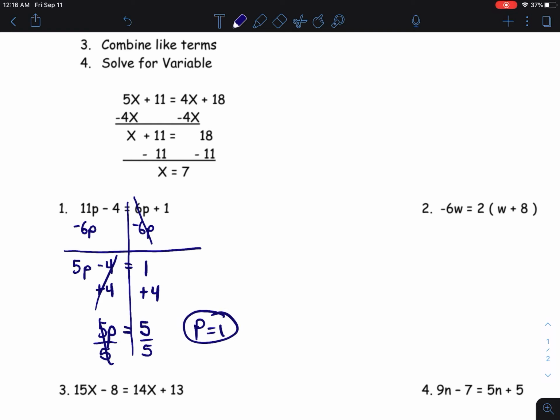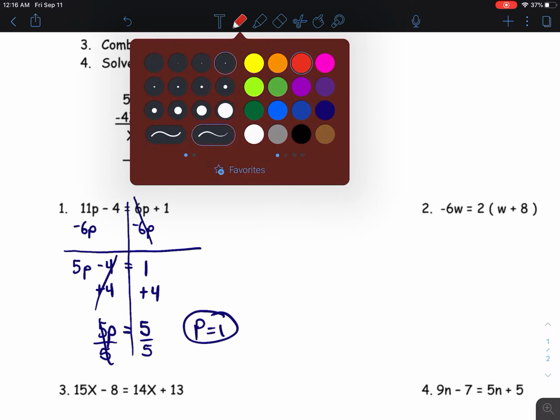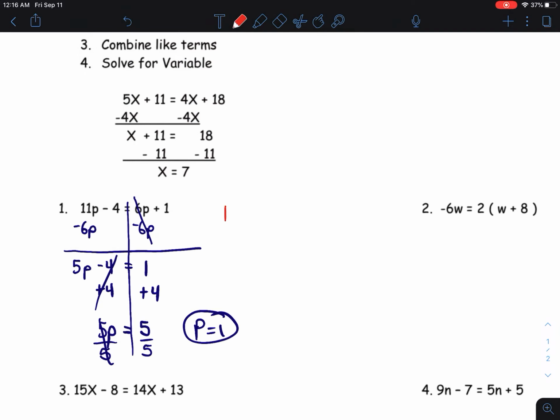Now, if you want to check yourself, we could plug that back into the original problem and see if the two sides are equal to each other. So we're finding the solution here. The definition of a solution is the value that makes the sentence true.